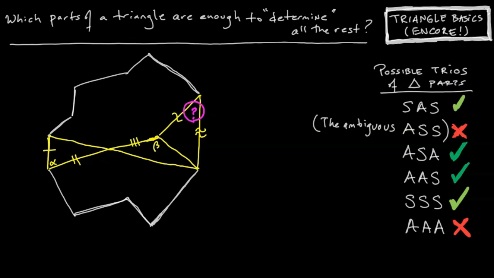But I can figure it out, because on this first triangle over here, I do have enough to determine this triangle. I have side, angle, side. That's enough to determine this triangle, so I can call in the trigonometry machine, tell the person operating it, this triangle is determined. Find for me this angle right here, and he'll be able to do it. And then you'll know that that angle is equal to this angle, since those are vertical angles.